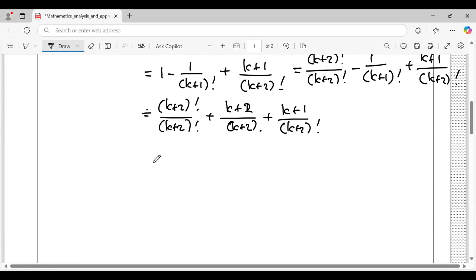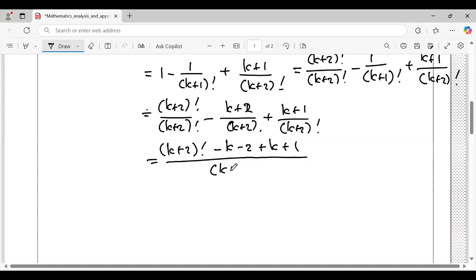So it's going to be, this is supposed to be minus, (k plus 2) factorial minus (k plus 2) plus (k plus 1), over (k plus 2) factorial.